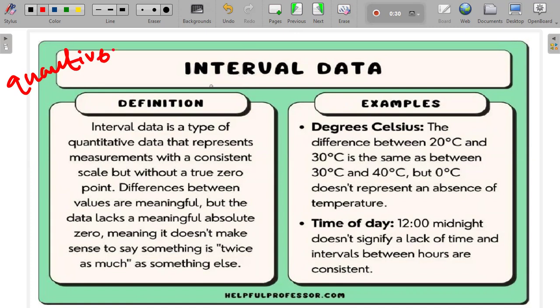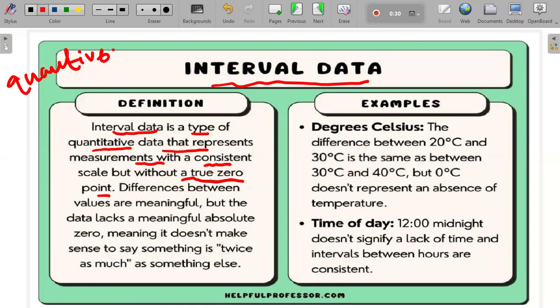So what is interval data? Interval data is a type of quantitative data that represents measurements with a consistent scale but without a true 0 point.